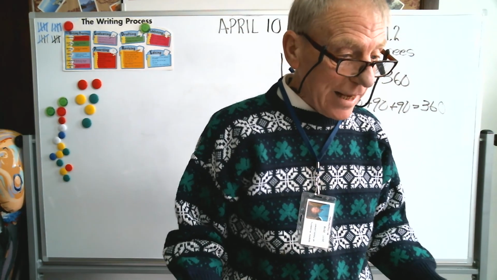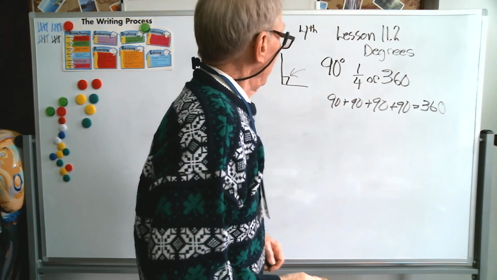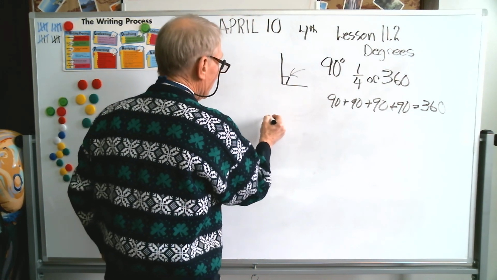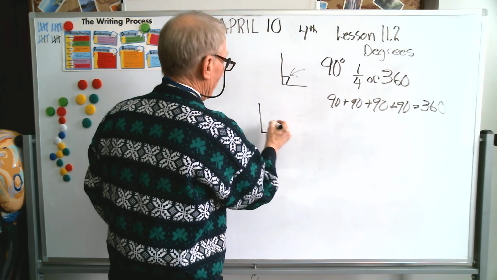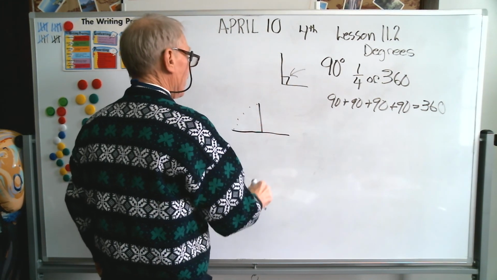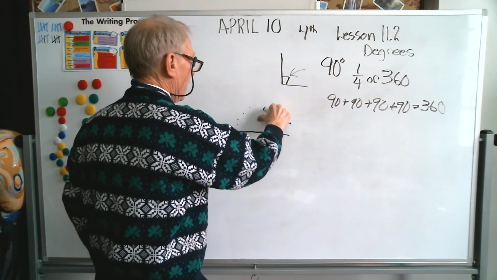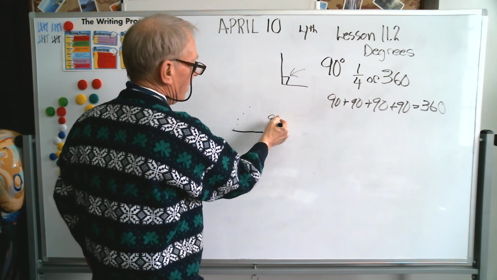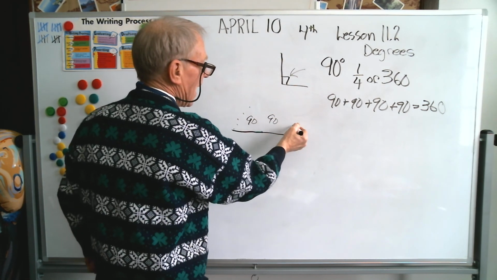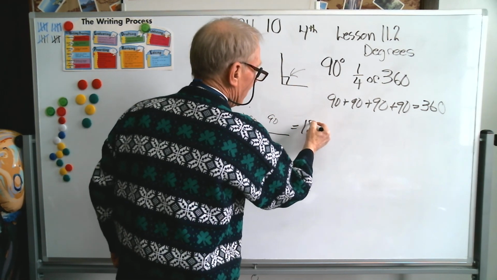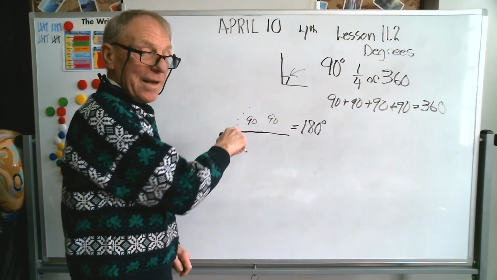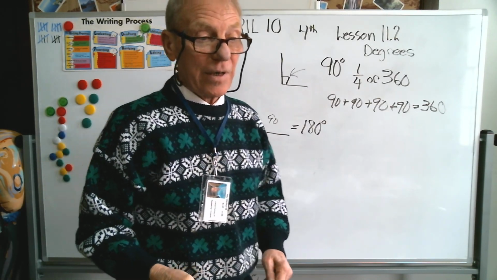So now you understand that. If we take the 90-degree angle and we take it down to here, we've got 90 degrees here, 90 degrees here. So that is 180 degrees. Now, that also has a name that we learned in our vocabulary earlier.